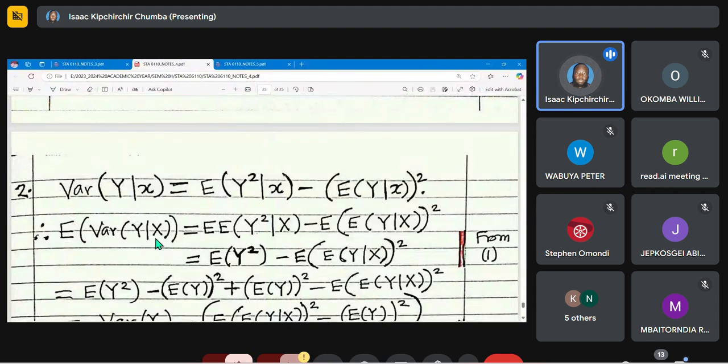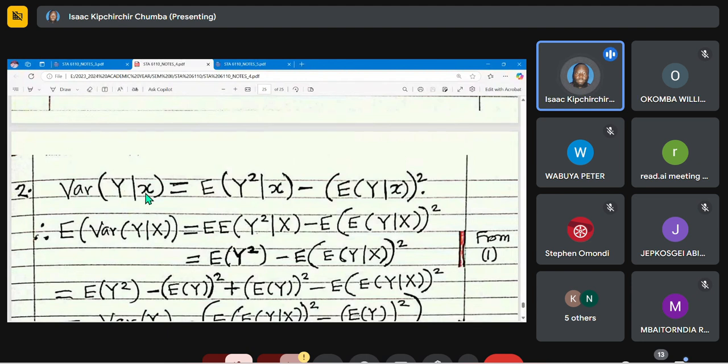That's why this operator E will act on it, because it's a function of a random variable x. Now, if var of y given small x is given like that on the right hand side using the formula, then var of y given uppercase X follows the same formula. You only need to have this uppercase.